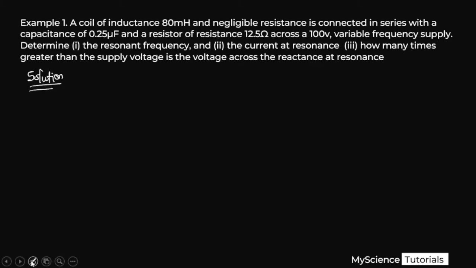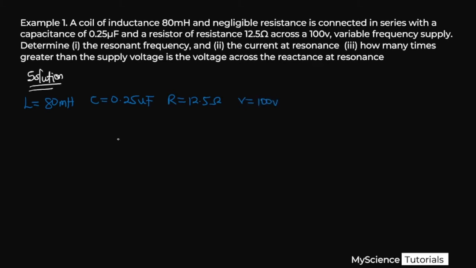Let me use another color for the calculation. We're told that a coil of inductance, so we have our inductance L equal to 80 millihenry, and we also have our capacitance C equal to 0.25 microfarad, and then a resistor of resistance 12.5 ohms, and a voltage of 100 volts supply.